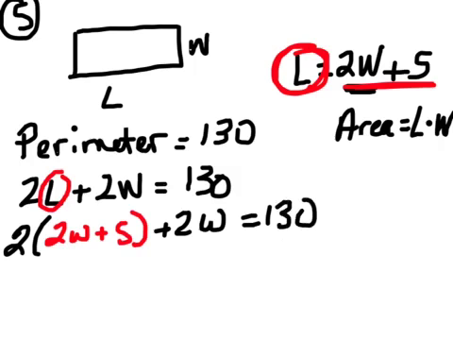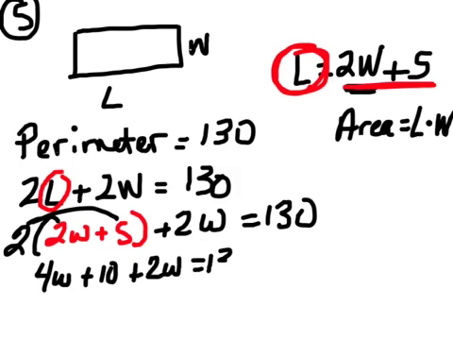Okay, so I need to clean up this left-hand side. It's got lots of stuff going on, so let's simplify it. 2 times 2W is 4W. 2 times 5 is 10. And then I have 2 more W's. That's equal to 130. Well, 4W and 2W make 6W plus 10 is 130.